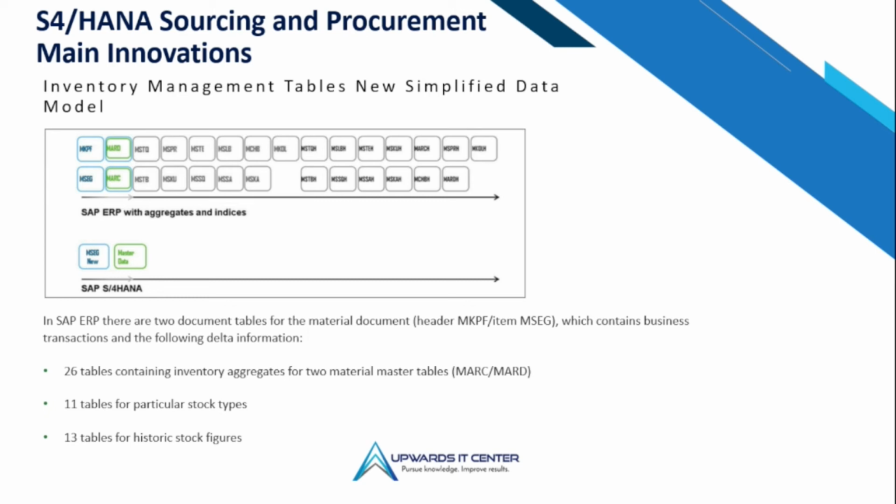So in SAP ECC, there are 26 tables containing inventory aggregates for two material master tables, MARC and MARD, for example. There are 11 tables for particular stock types, and finally there are 13 tables for historic stock figures.